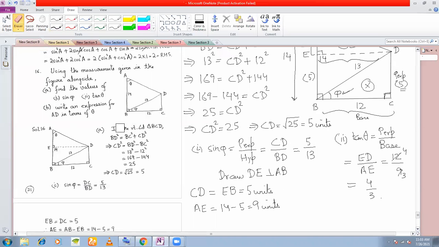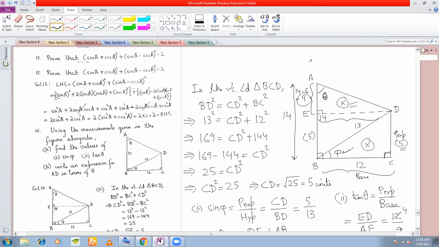We move on to the second part then. The question is: write an expression for AD in terms of theta. Which one is AD here? This length is AD. We want to write AD in terms of this theta. So how do we write?